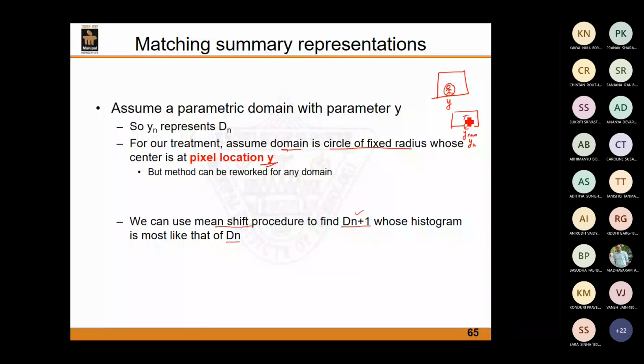The histogram of this new location of the circular domain will also be the same, or it will be similar. So what we do is we use the mean shift procedure to find the new position for y. Okay, this new position, the y updated or the y new in the next frame, is such that the histogram of the frame is similar to that of the previous frame, which is given by, let's say, dn.